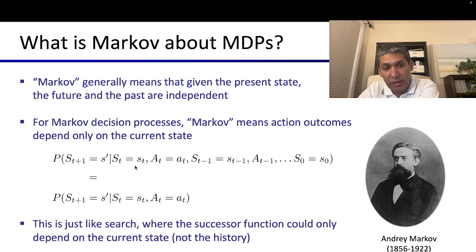So this particular expression is equal to this expression. That means that these items here do not play any role in the transition probability. This is what we refer to as Markov, and it is named after Andrei Markov, who lived from the late 19th to early 20th century. It's kind of like search, where the successor function could only depend upon the current state, not the history.